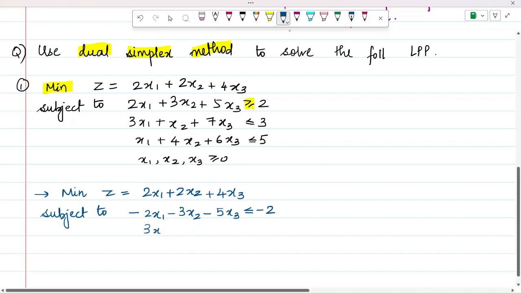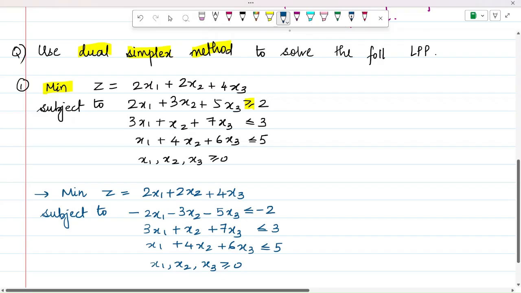All the remaining constraints will remain the same. And the last one is x1, 4x2, 6x3 less than or equal to 5. No more changes in the question, okay? Because everything else is satisfied.